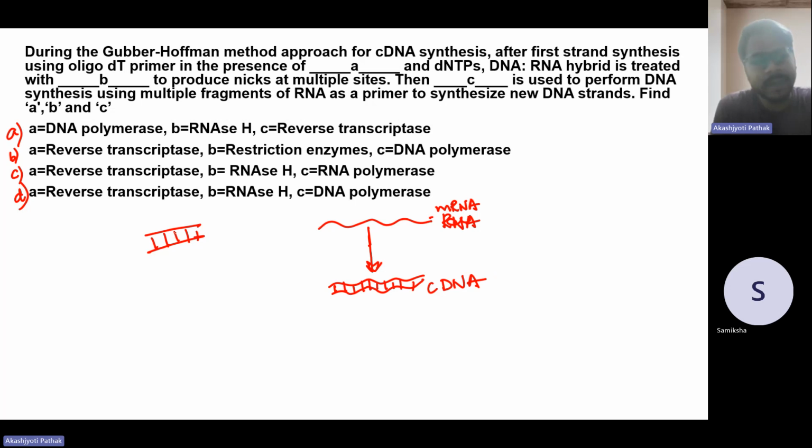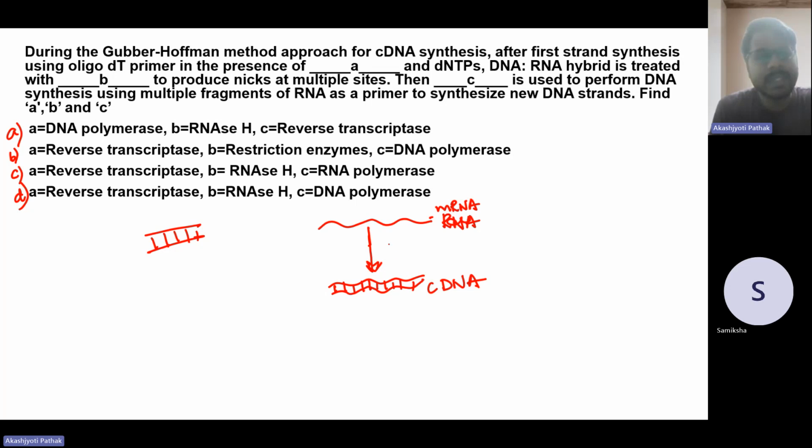Basically, if you see a eukaryotic DNA, it will have both exons and introns, right? So there will be regions within the DNA which do not code for any protein, and you would not want that region to be present. You want only the DNA sequence which does not have introns.